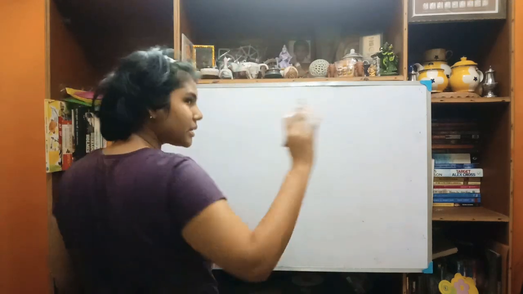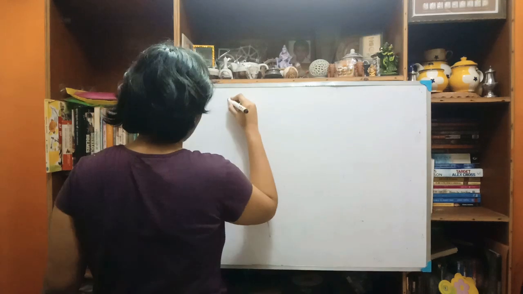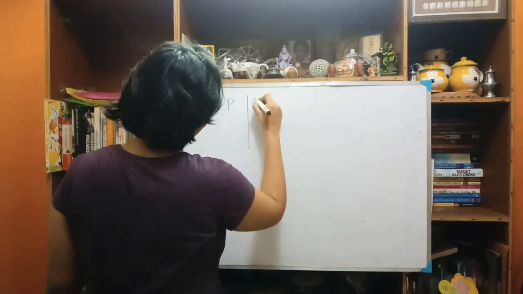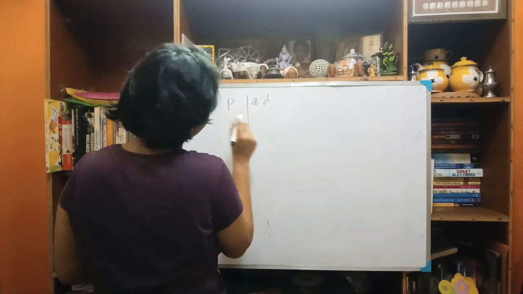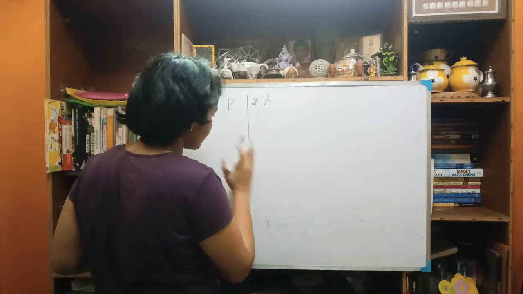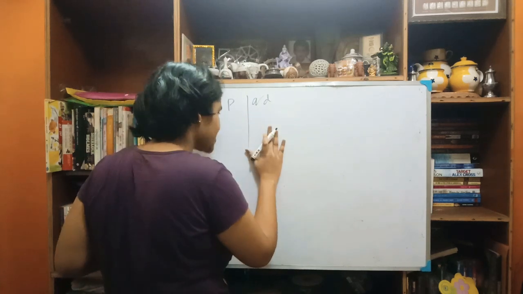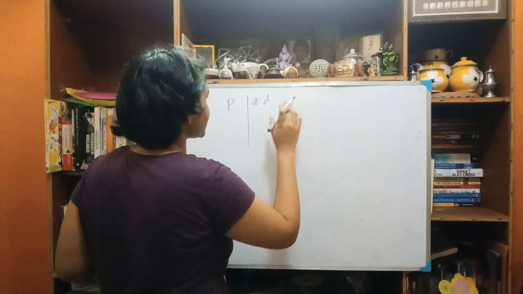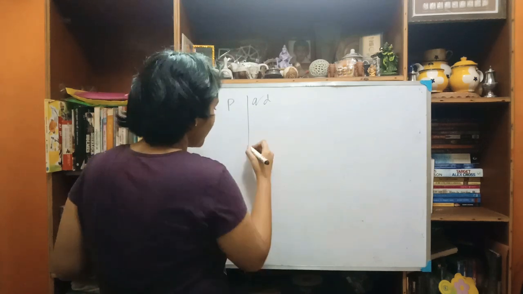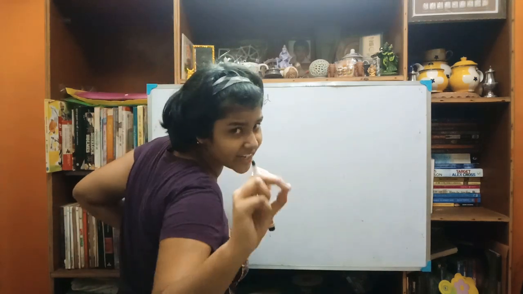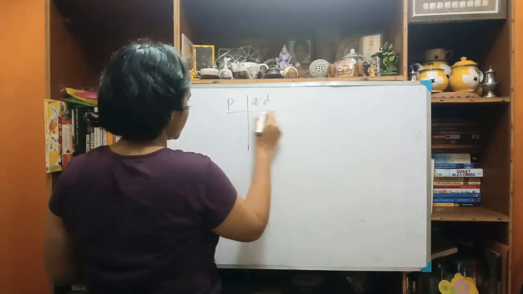Suppose I'm drawing an individual demand schedule. Price, Q. Suppose, following the general law of demand, remember always, price increases, quantity demanded decreases. That's the basic rule for everything that you do in relation to demand.